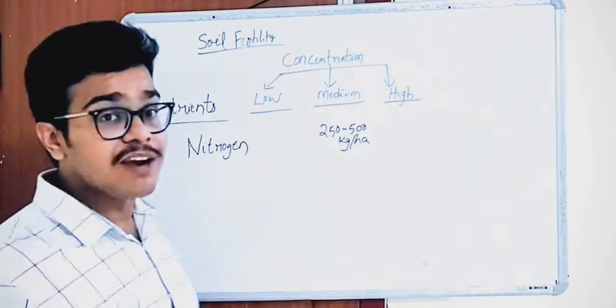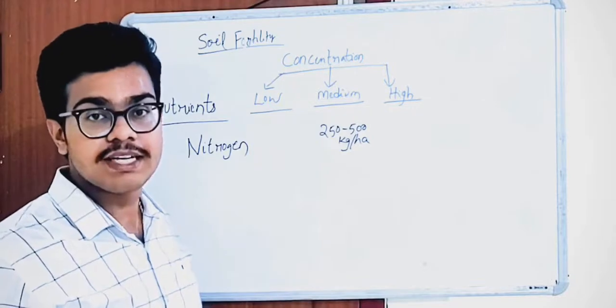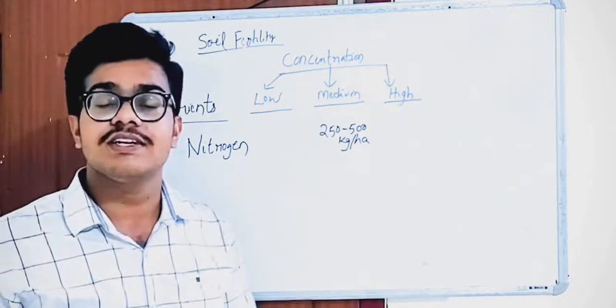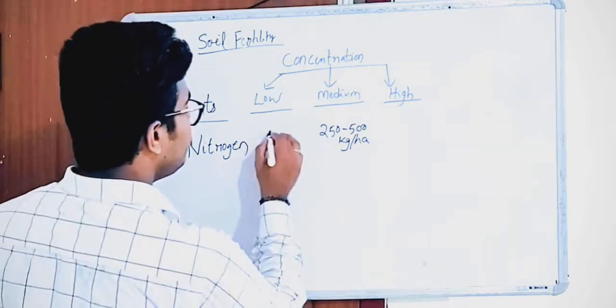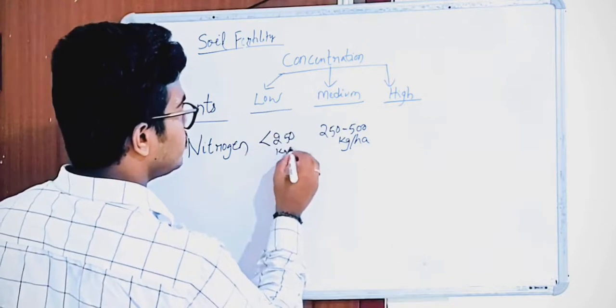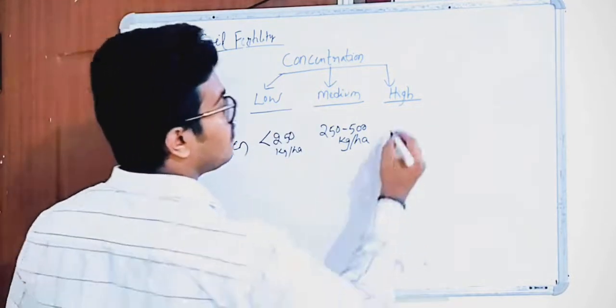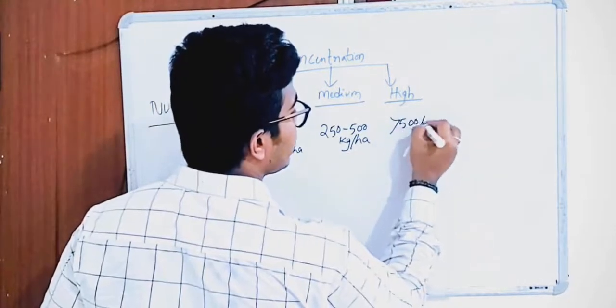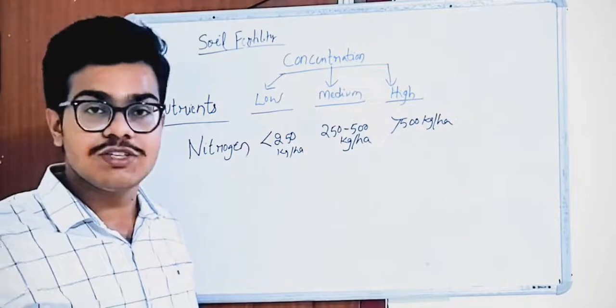If it is less than 250 kgs per hectare, then nitrogen is low in the soil. If it is more than 500 kgs per hectare, there is an excess amount of nitrogen in the soil.